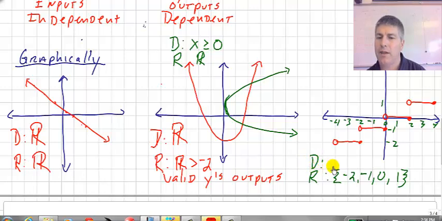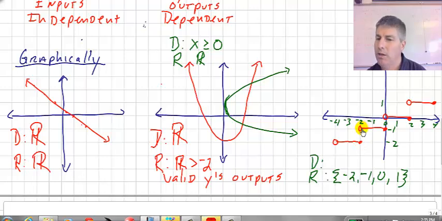Our domain, on the other hand, a little different. Our valid x's, well, we don't have any x's that are less than -4. In fact, we have an open dot at -4, so we aren't going to include -4. But these are all valid x's here. We can input -3, we can input -3.5, we can input -2.5. We can even input -2. If we input -2, we'll output -2.